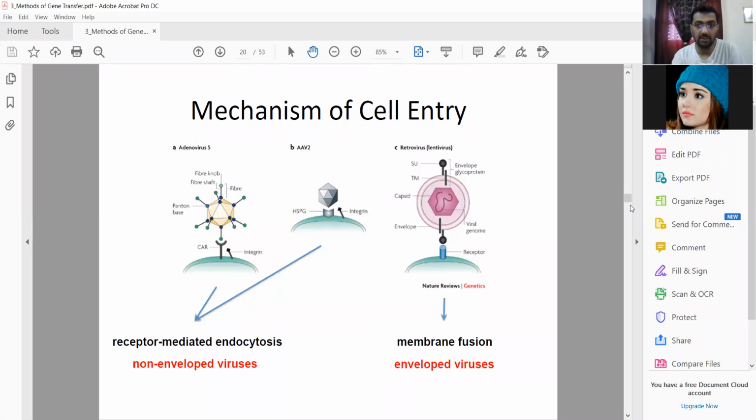While a few viruses which are enveloped viruses, such as retro or lentiviruses, attach to specific receptors and move through membrane fusion. The membranes are fused, and then the material is transferred into the cells.